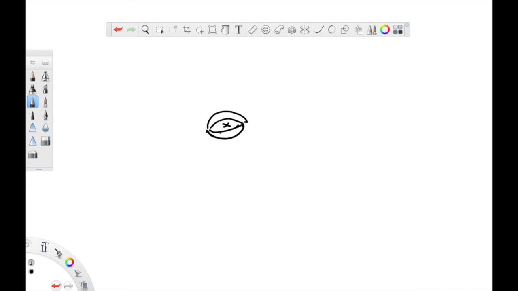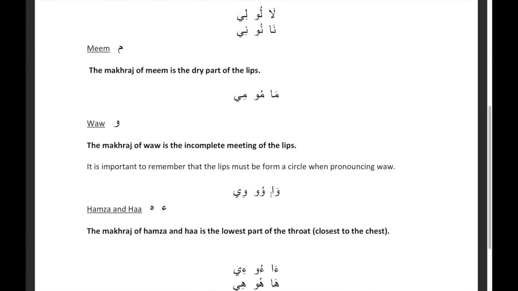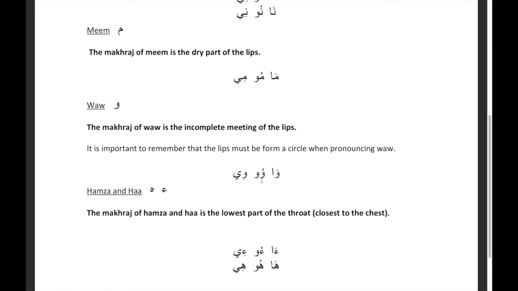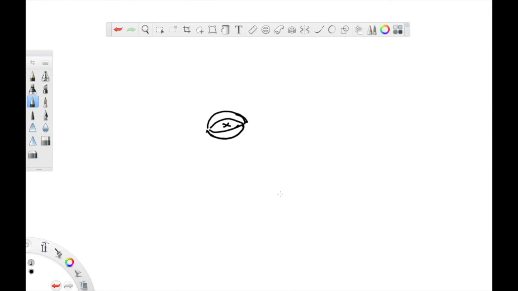So the space in between your lips is where the letter Waw is pronounced from. You will have to stick out your lips a little bit to pronounce it. Wa, wu, wi. Form a circle like, see this part right here was a circle.